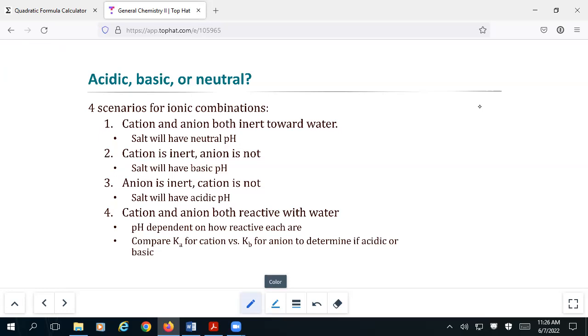We could also have the chaos situation, where the cation and the anion are both reactive to water. In that case, you have to do a comparison. Which ion is more reactive? Which one has the stronger value of K? That's going to be the one that dictates acidity or basicity.